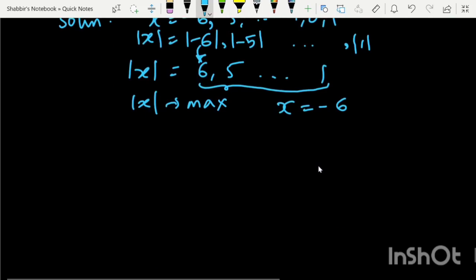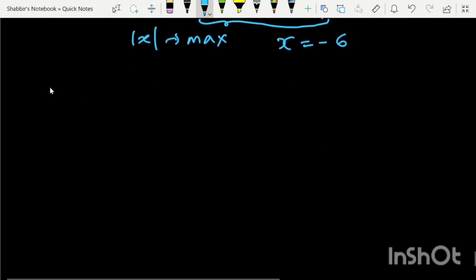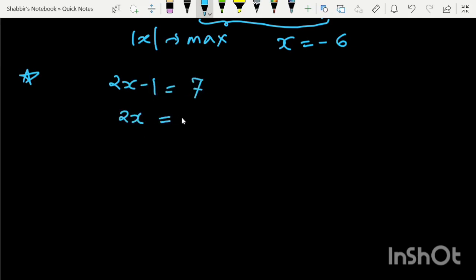Now moving on to our next subtopic, guys. In order to solve linear inequalities, quadratic inequalities and other inequalities, we need to have some rules of inequalities. For example, if I write one question, this equals 7, in the next step you will take minus 1 here, this becomes 8.